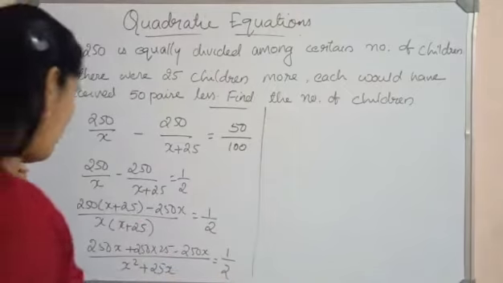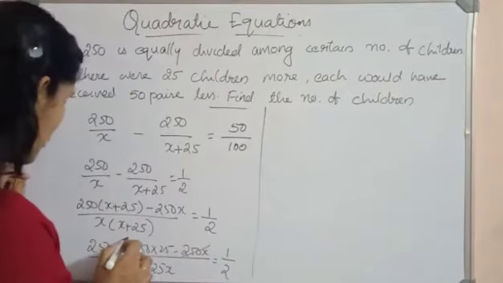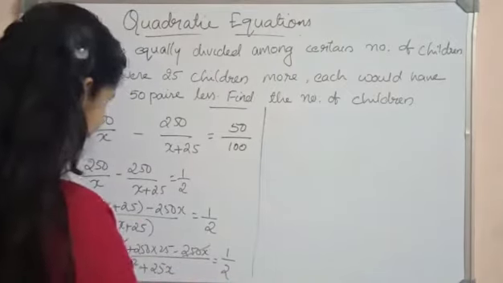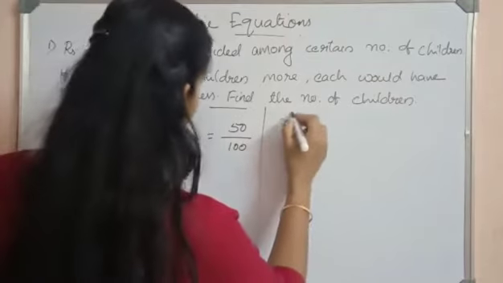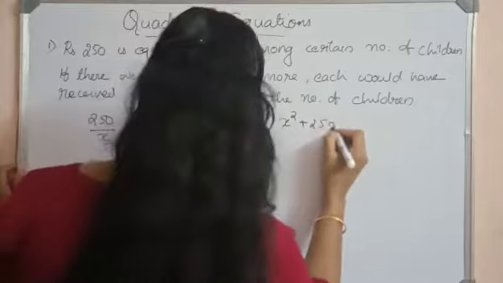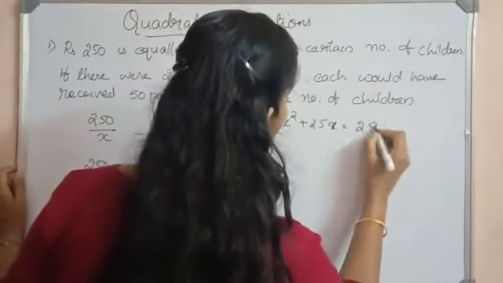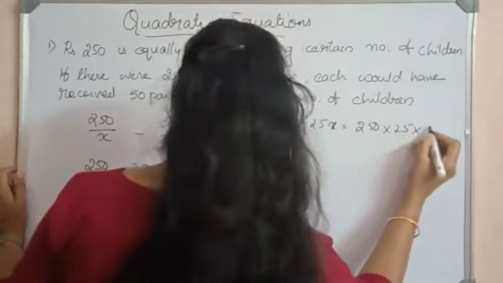Again, on further simplification, 250x and minus 250x get cancelled. This will be x square plus 25x is equal to 250 into 25 into 2.